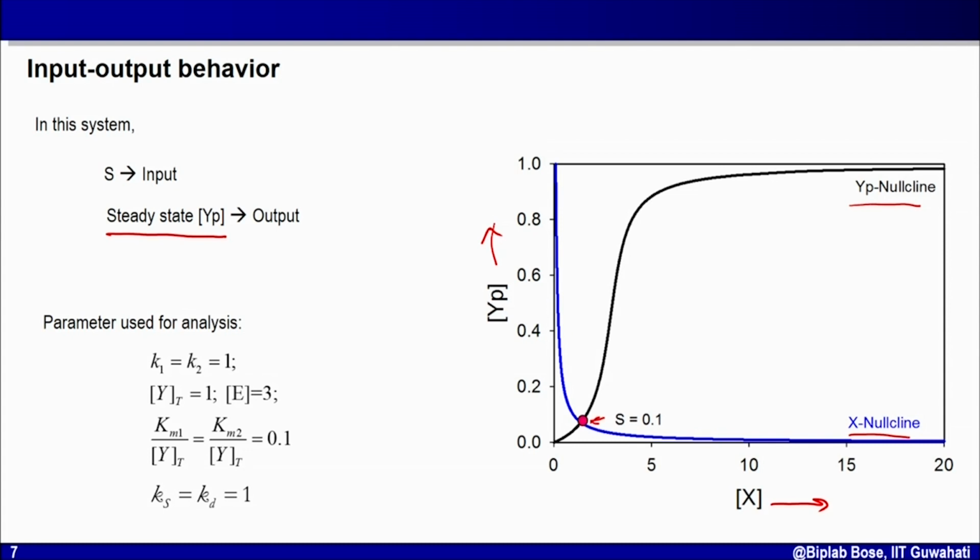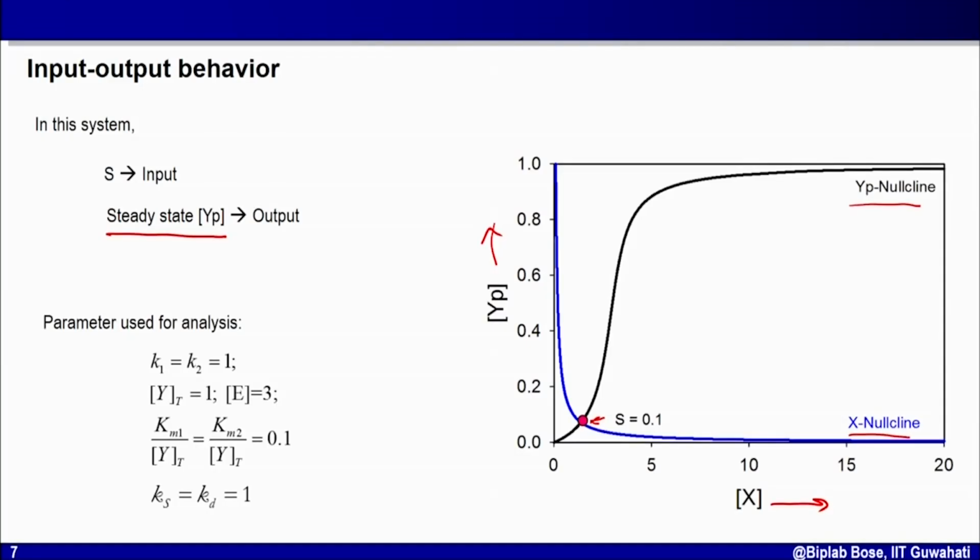Now this X alkaline that I have drawn is considering S equal to 0.1, so your input signal is 0.1. And at that time the YP value at steady state is this one, near 0.1. Now if I change S 10 times, so S will become 1. So remember, X alkaline is sensitive to S.